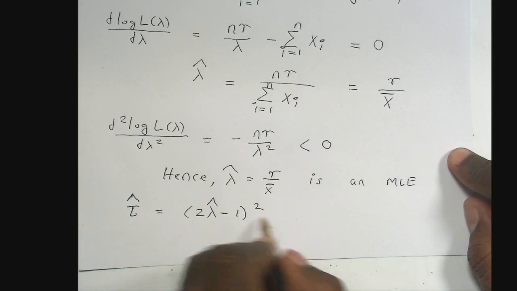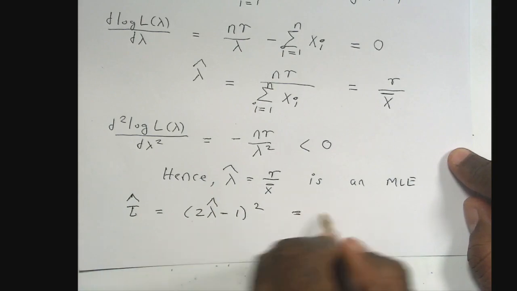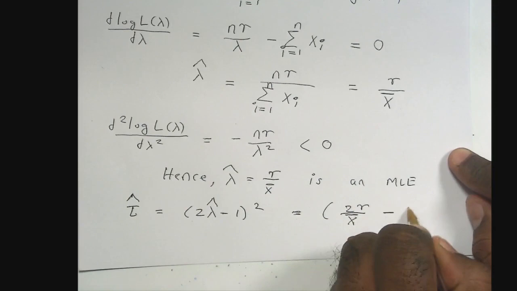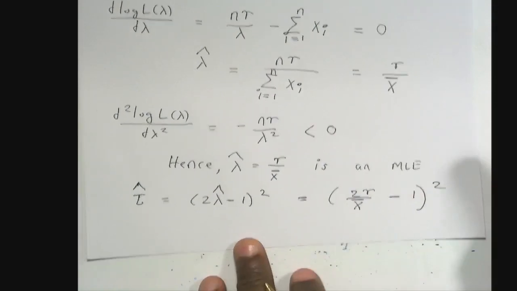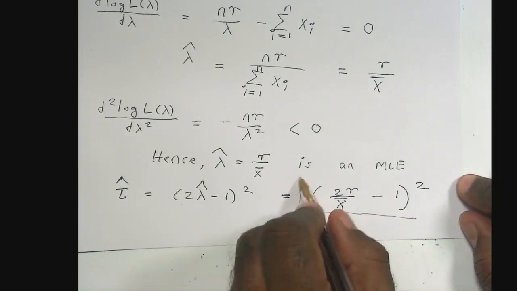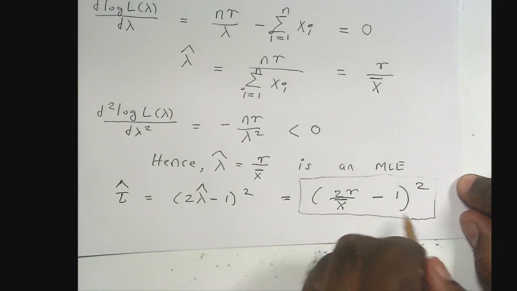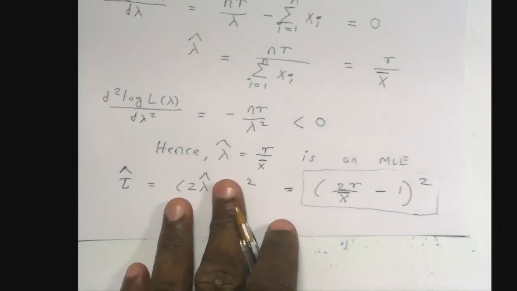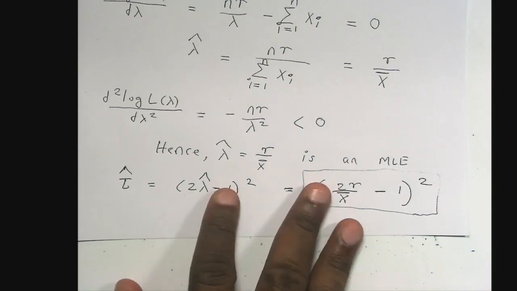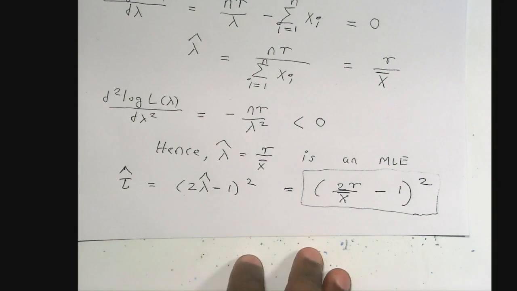The MLE for tau is simply 2r divided by x bar minus 1 squared. So this is the MLE for the function tau of lambda. Is that clear, guys? You guys okay?